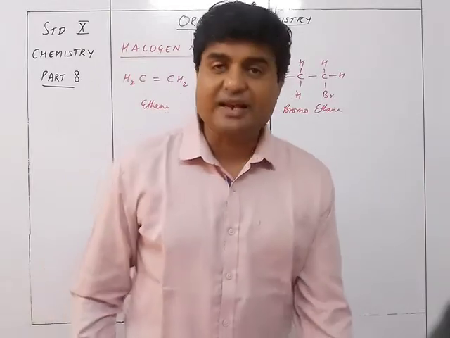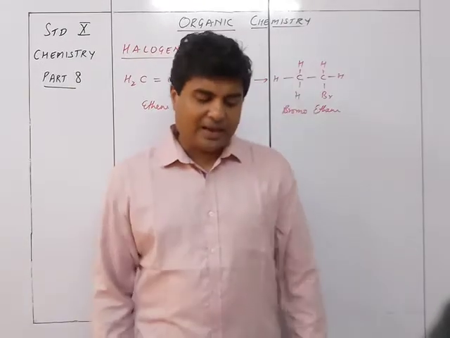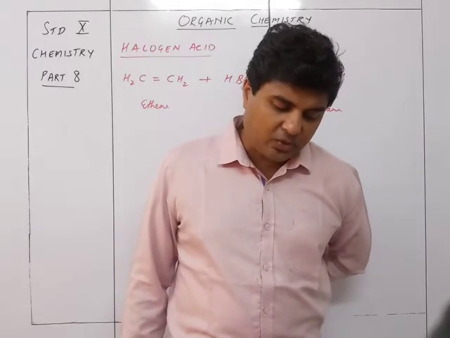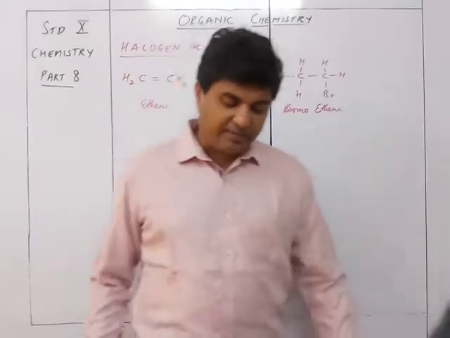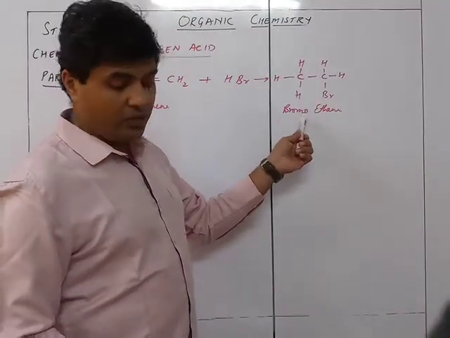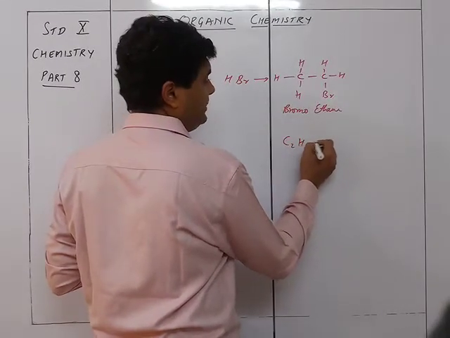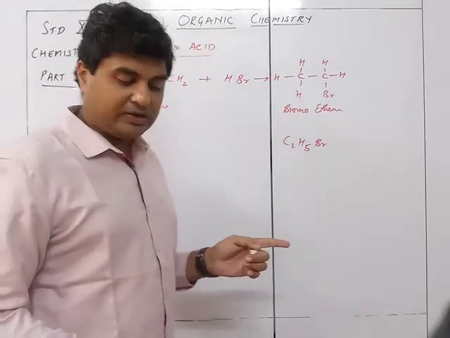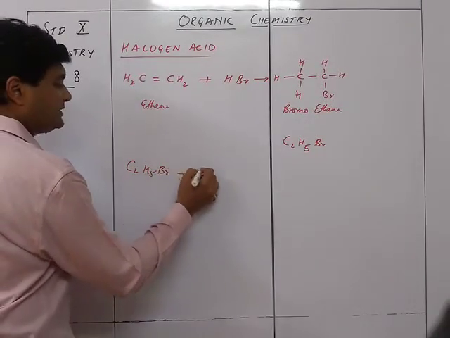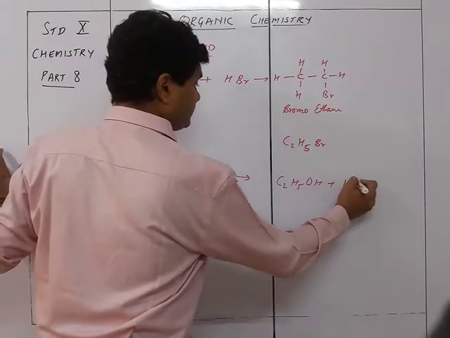The condition: halogen acid, HCl, HBr or HI, all three of them can be used, adds on to ethene at room temperature, giving ethyl halide, that is bromoethane with HBr or chloroethane with HCl. Chloroethane with KOH solution gives ethanol. In the same reaction, if it is C2H5Br, then we know that C2H5Br with KOH is going to give C2H5OH plus KBr.